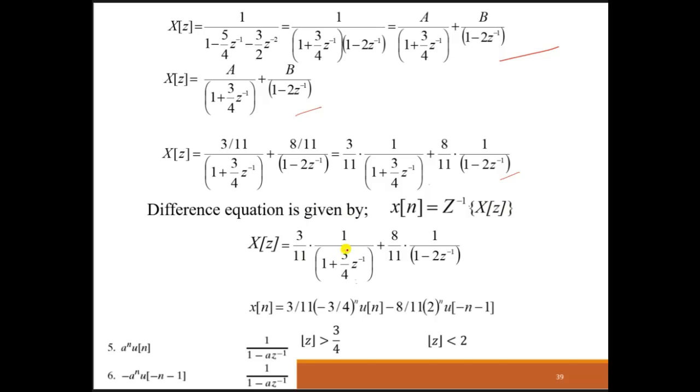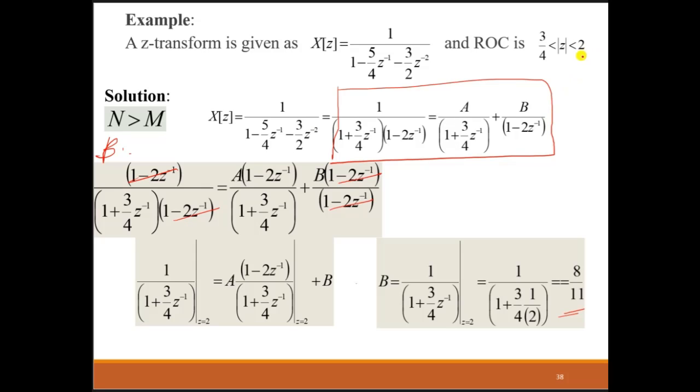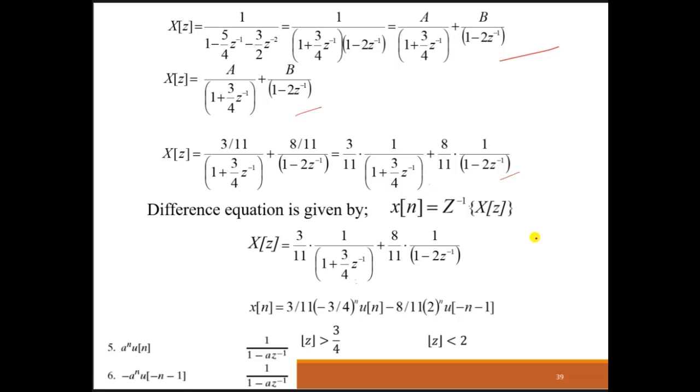So which one you nak pakai kan? You kena tengok tadi lah dalam soalan, soalan dah bagi tahu yang ini. Alright, ROC is between 3 over 4 and 2.